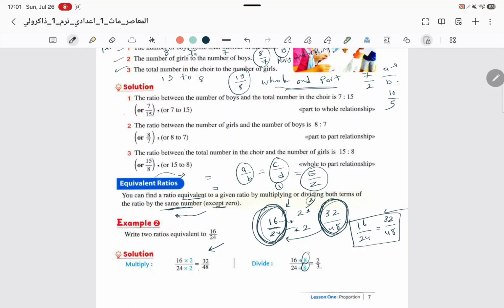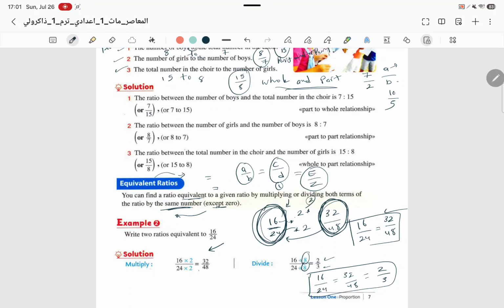So 16 over 8, which is 2, and 24 over 8, which is 3. So 2 over 3 is an equivalent ratio as well. So 16 over 24 is equal to 32 over 48, is equal to 2 over 3. The three ratios here are equal to each other.